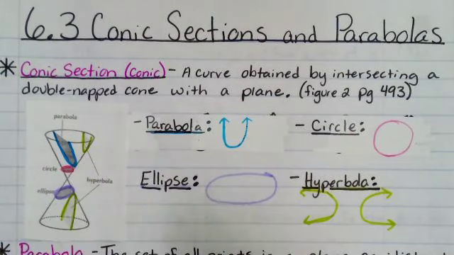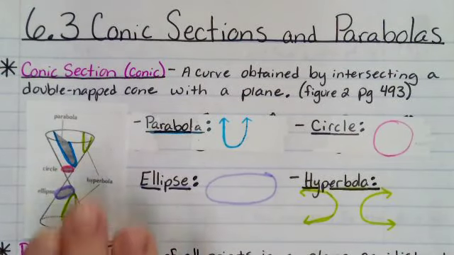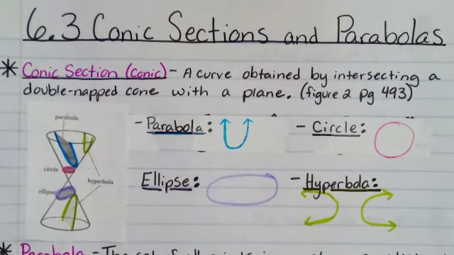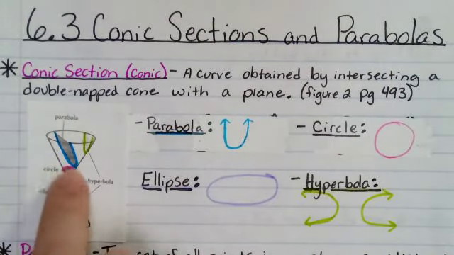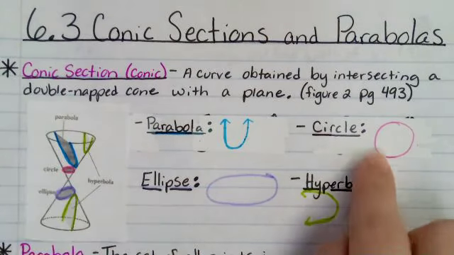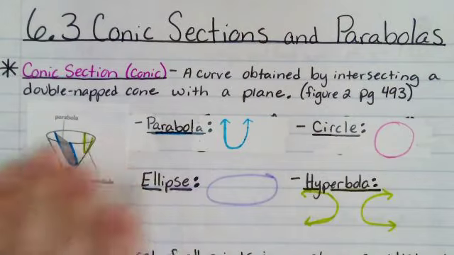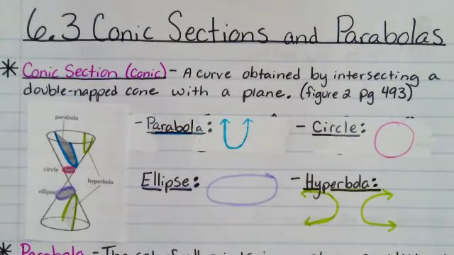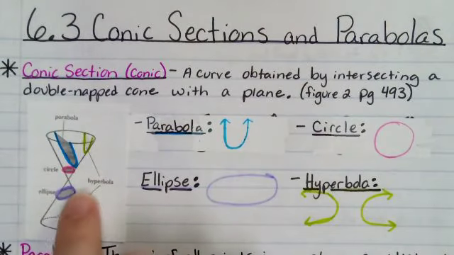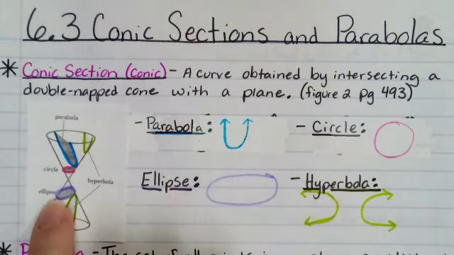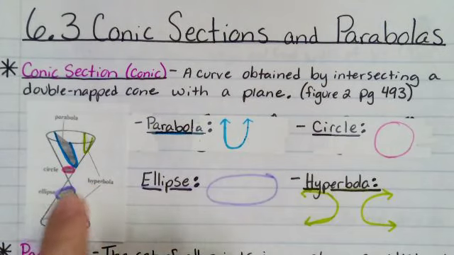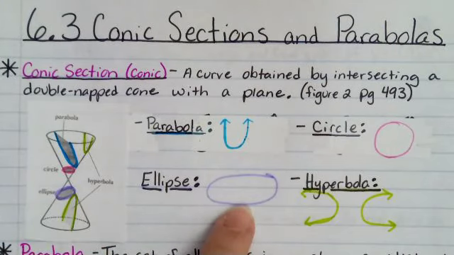Now, what if I slice at a different angle? If I were to slice this just straight horizontal, that's when we result in this little circle. You just imagine if you're looking at that head on, it would be a perfect circle if this intersected straight horizontal. But what if I do that at just a little bit of a slant? Well, then we get this thing called an ellipse.